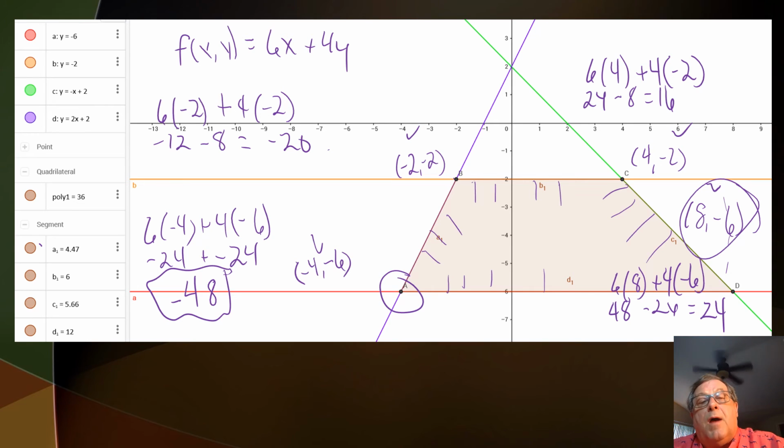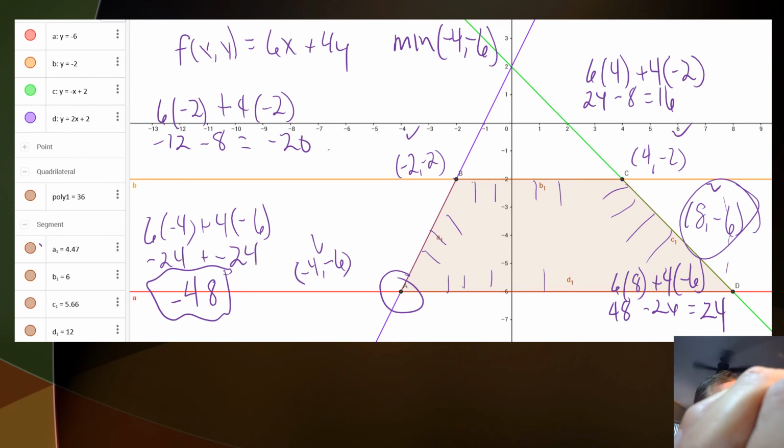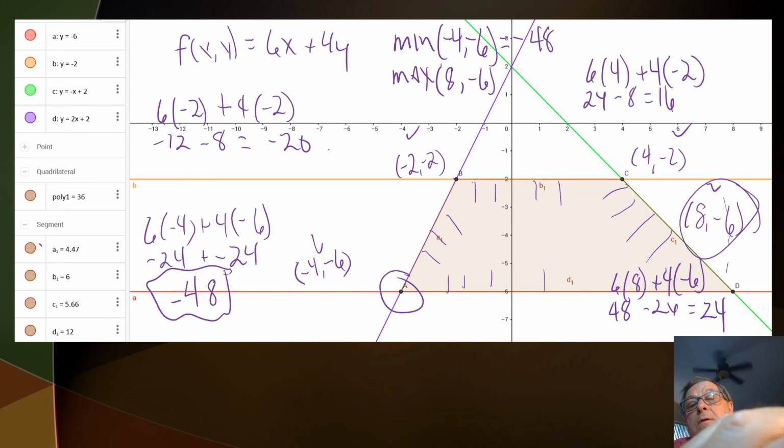So I can express my answer as a minimum where x is negative 4, y is negative 6, which equals negative 48. And I have a maximum where x is 8 and y is negative 6, which gives me 24. Those represent the minimum and maximum values for the bounded region.